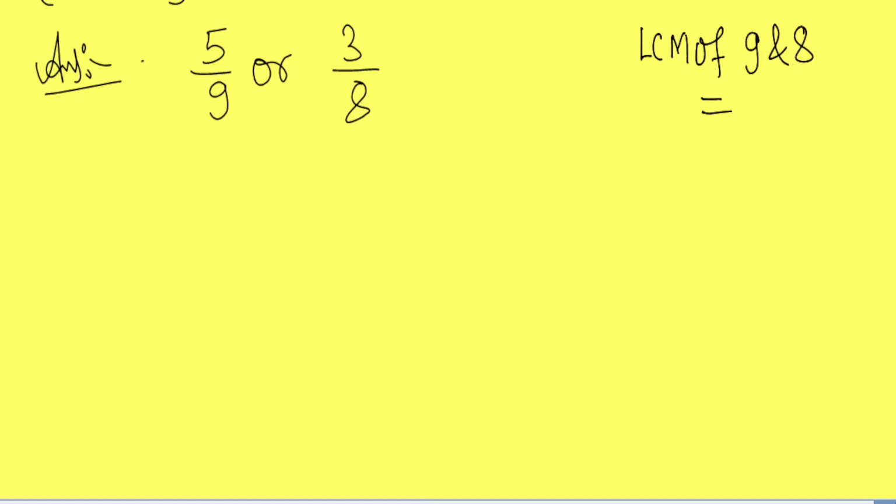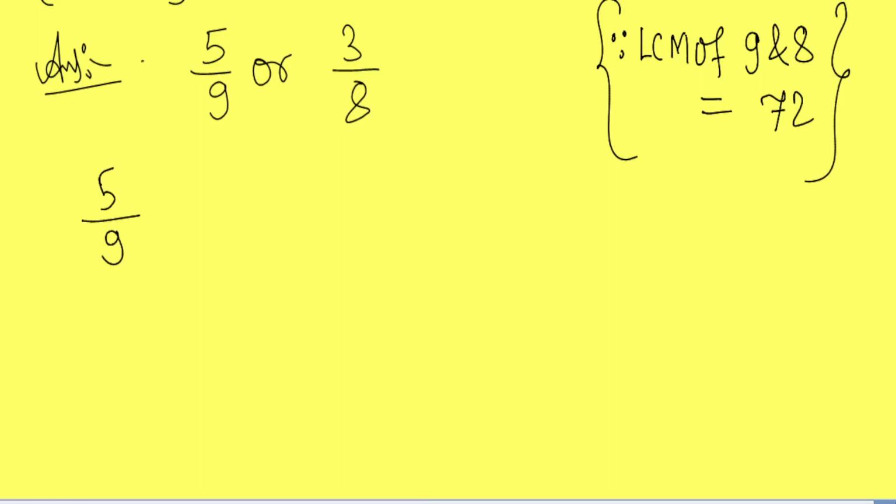So LCM of 9 and 8 will be 72. So now we will take the first number and find out what will be multiplied with 9 in order to get 72. Simply we will check the table of 9, and we know that 9 8s are 72.